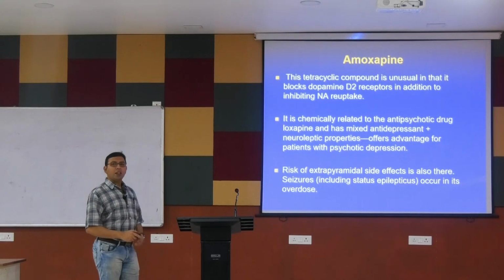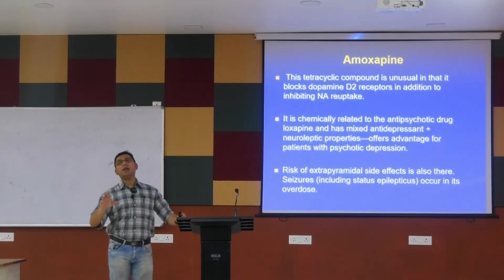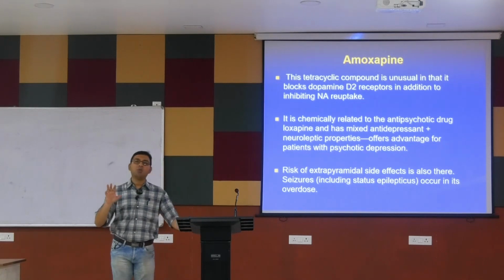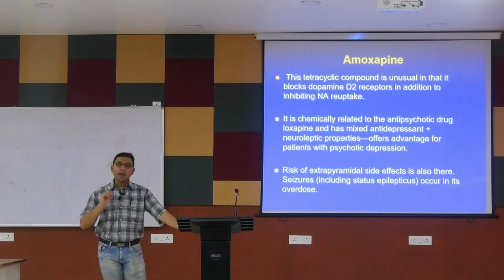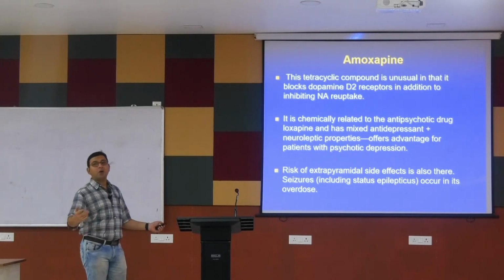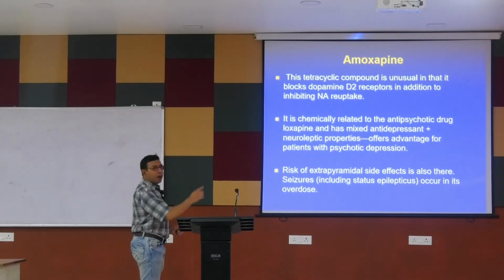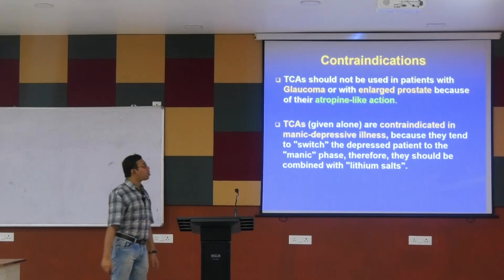Risk of extrapyramidal side effect is also there. When we read about the antipsychotic drugs, we will see that the extrapyramidal side effect is the most common side effect of the typical antipsychotic drugs. Since they have some neuroleptic property like antipsychotic property, they also have extrapyramidal side effects. Details are not required, just remember the name and their dopamine blocking action.